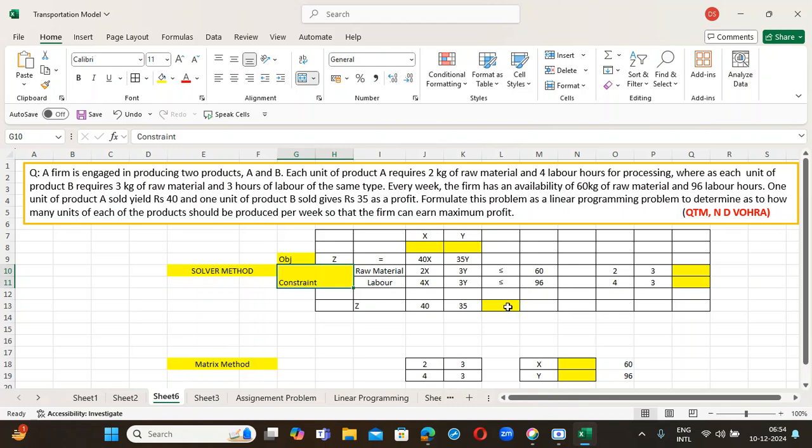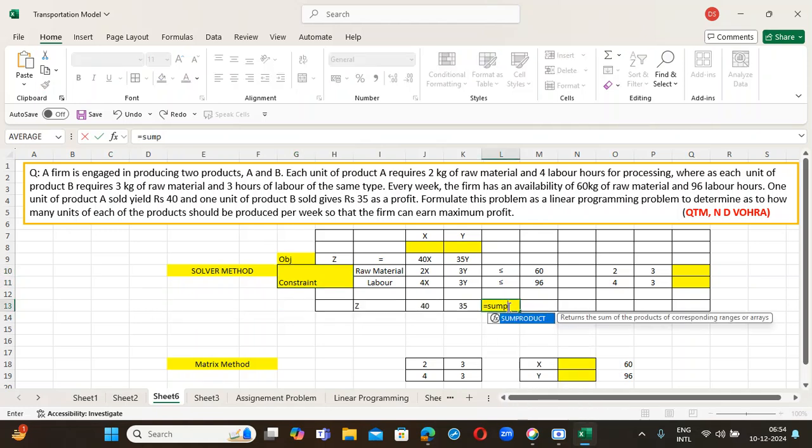To solve the particular problem through the solver method, you all know that I write the sum product of what?